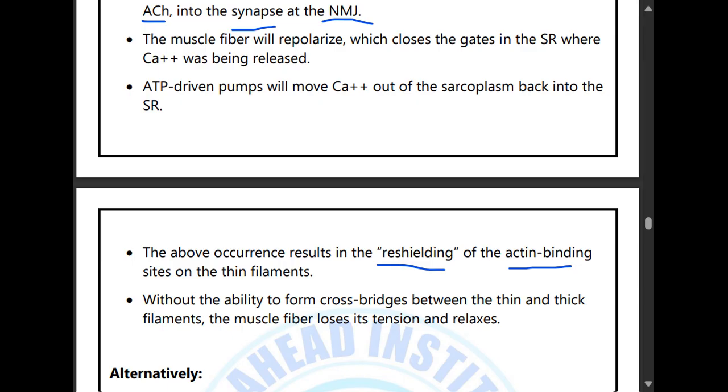Now let me try to expand on what I've just said in those few points. You must understand that normally, let me take you back again, the peak potential is positive 30 millivolts. That positive 30 millivolts activates the inactivation gates on the voltage gated potassium channels.